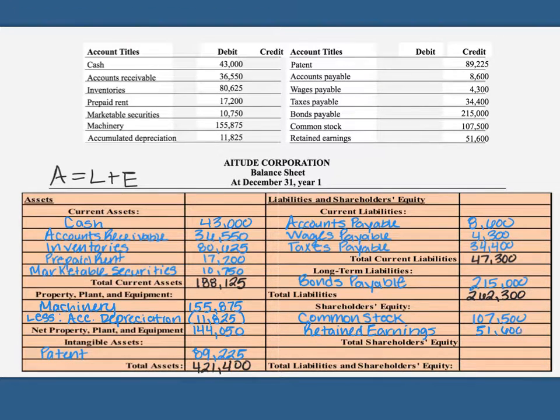If we add those two numbers together, that will give us our total shareholders' equity amount to be $159,100. If we add that to our total liabilities of $262,300, that will get us total liabilities and shareholders' equity amount to be $421,400, which equals our assets, so we have a correct balance sheet.